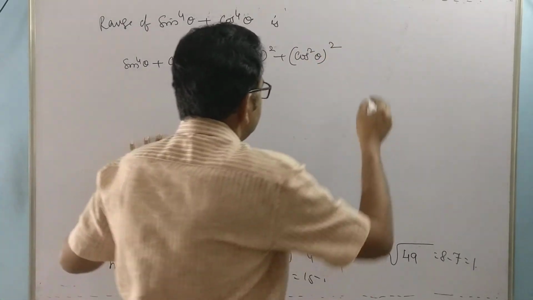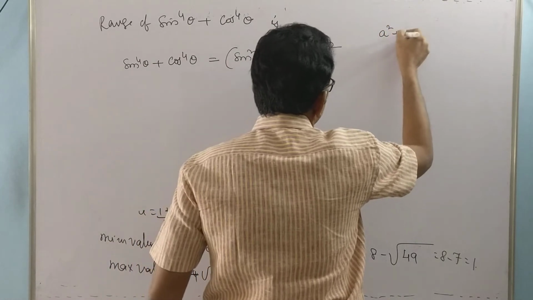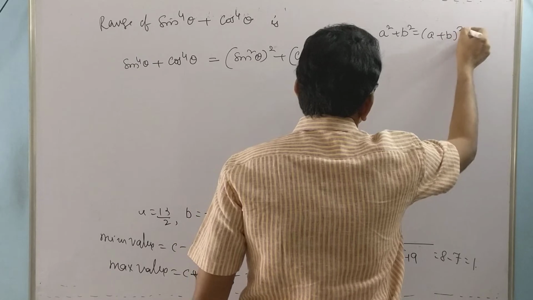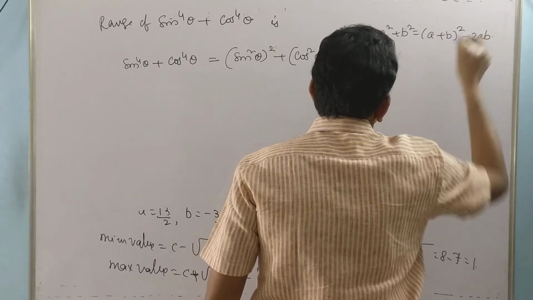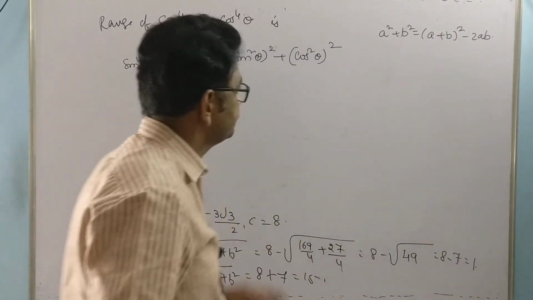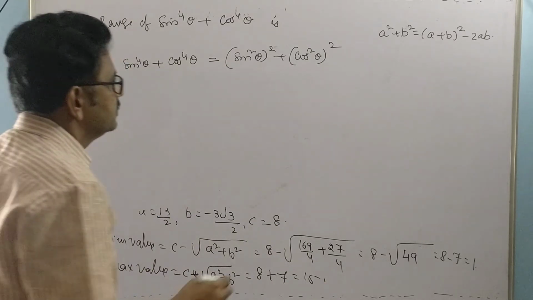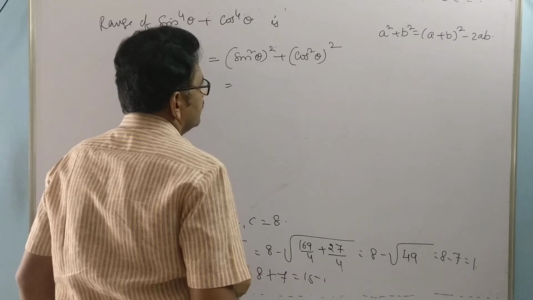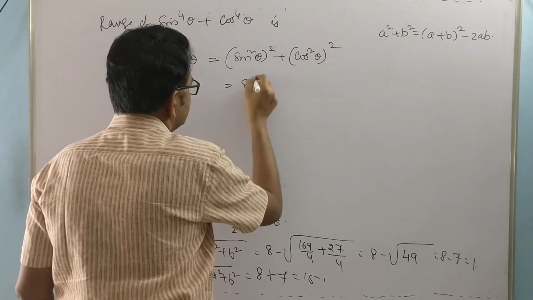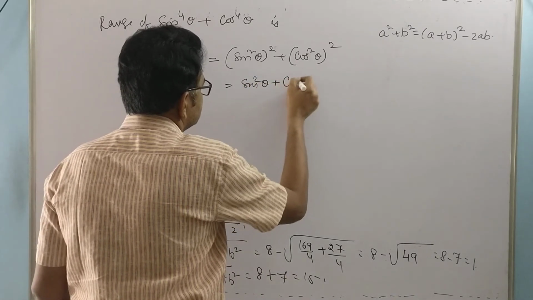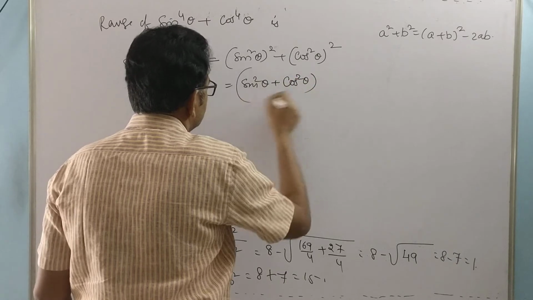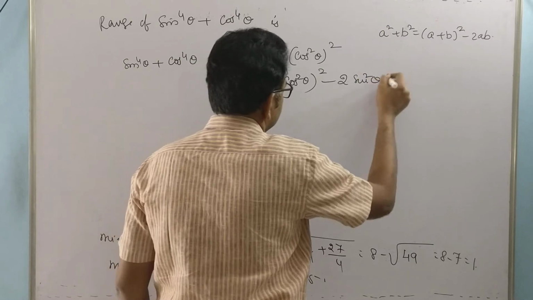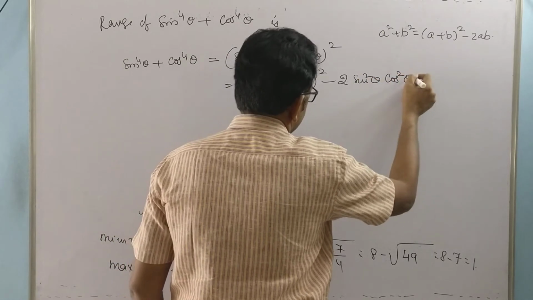Now we write a square plus b square is equal to a plus b whole square minus 2ab. So this is (sine square theta plus cos square theta) whole square minus 2 sine square theta cos square theta.